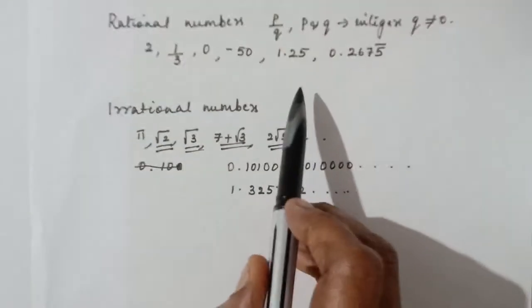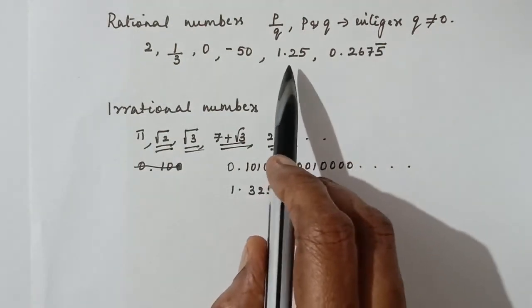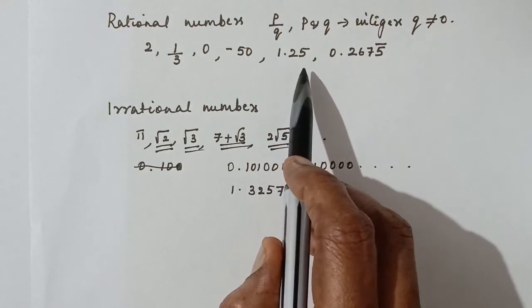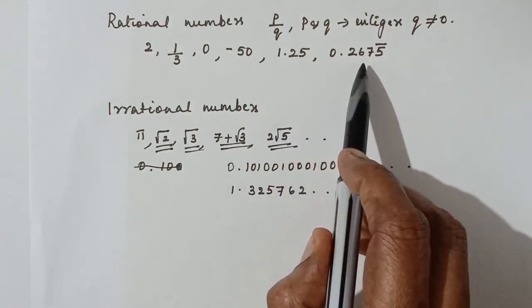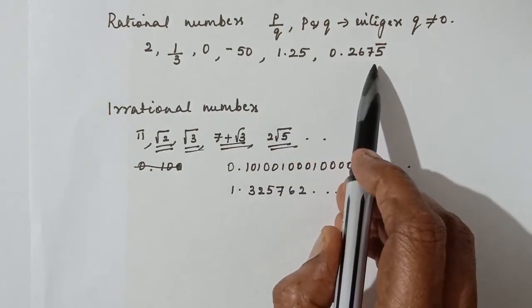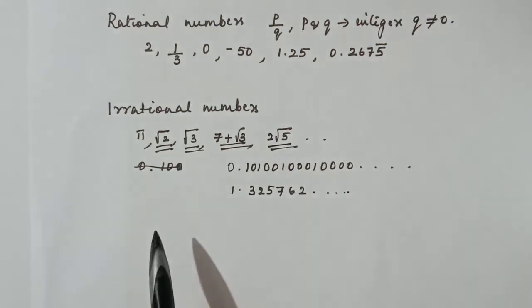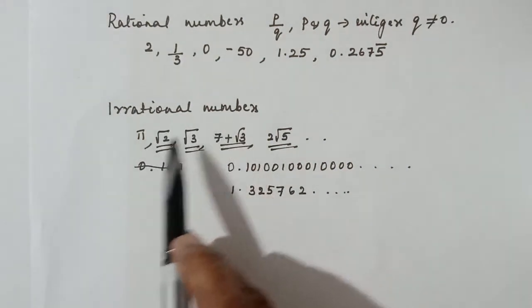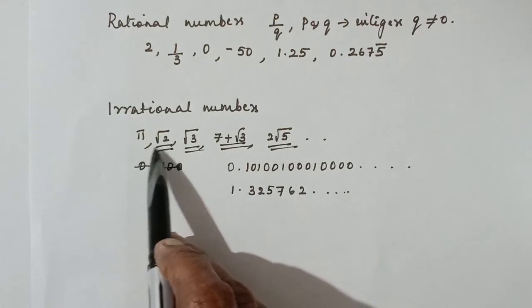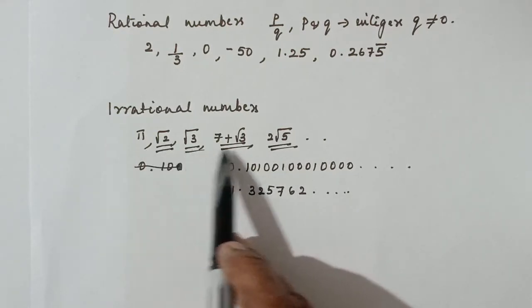The decimal expansion of a rational number terminates or it will be non-terminating, repeating.